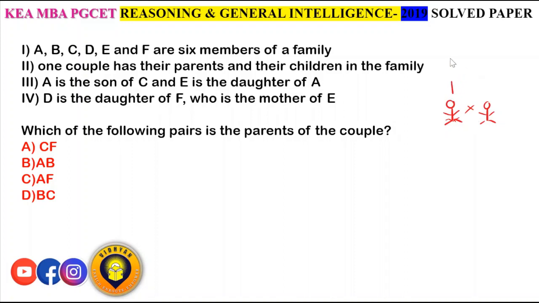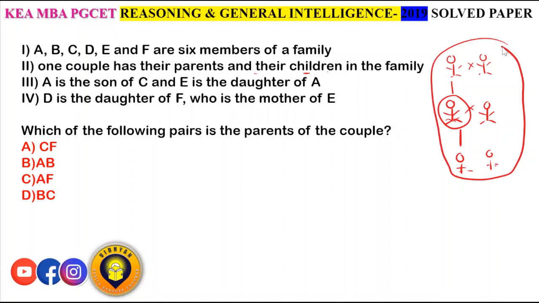Any one of them will be having their parents here. That means if this person has parents, and their children also, so they will be having children. So total 6 members like this.